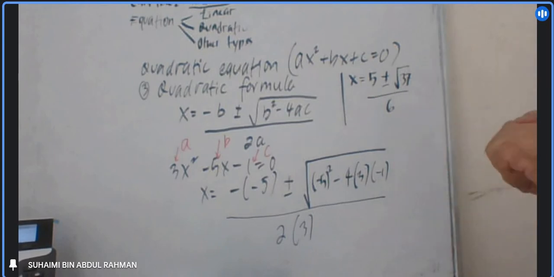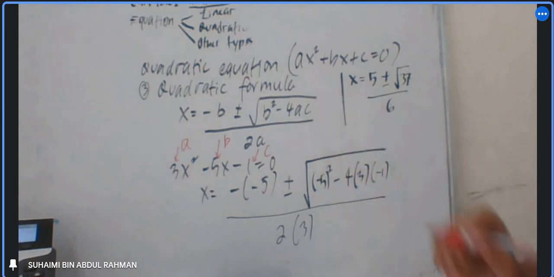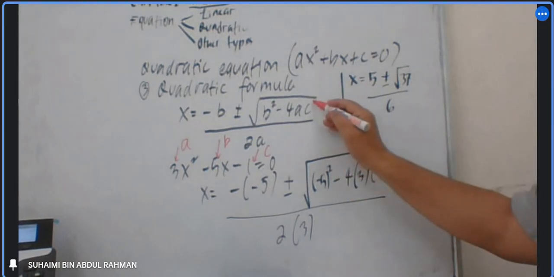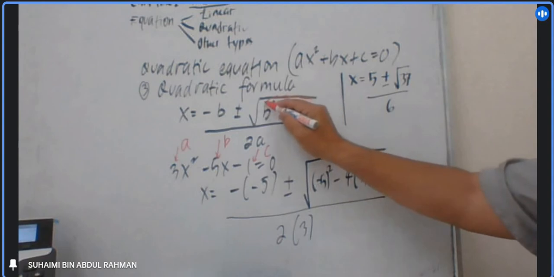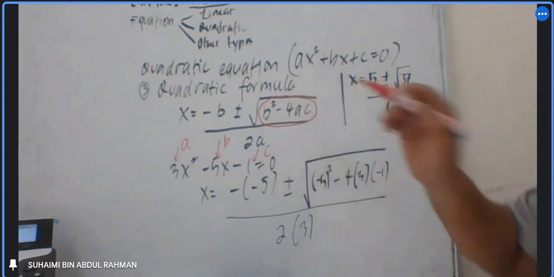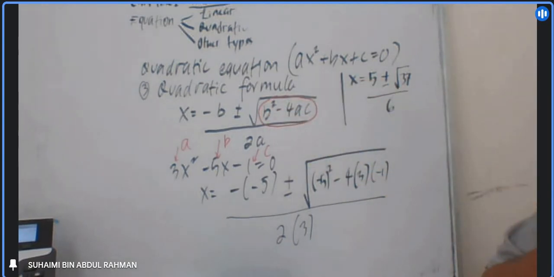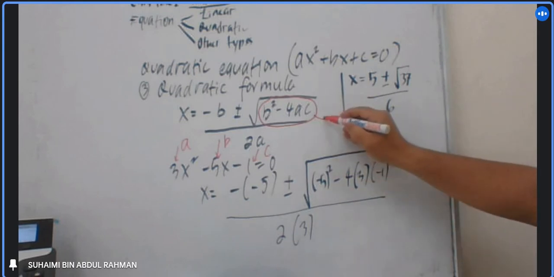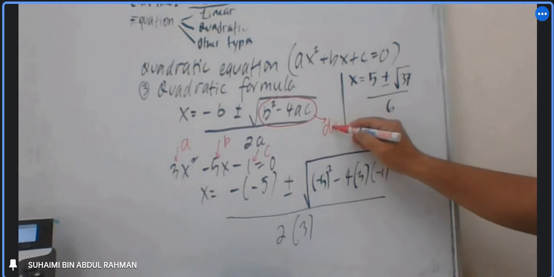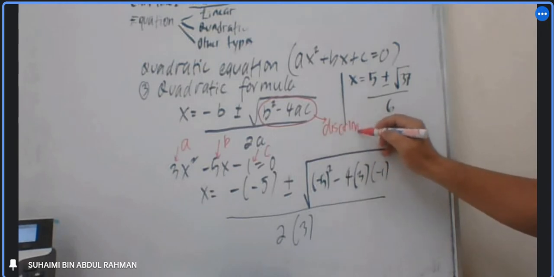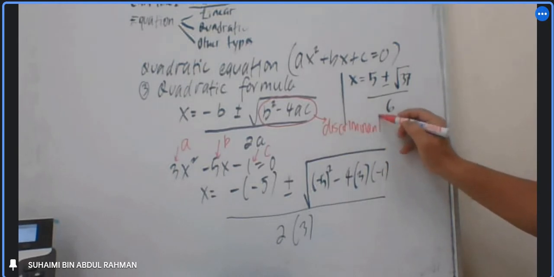Remember that for the quadratic formula, this part, the part of b squared minus 4ac, we call this the discriminant.